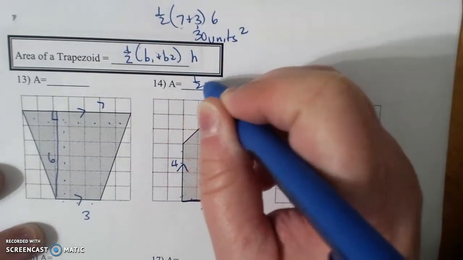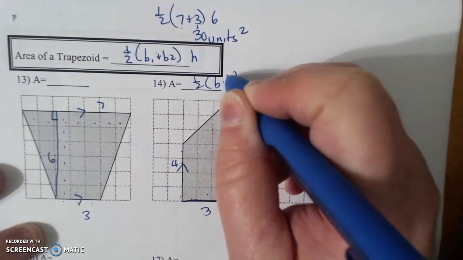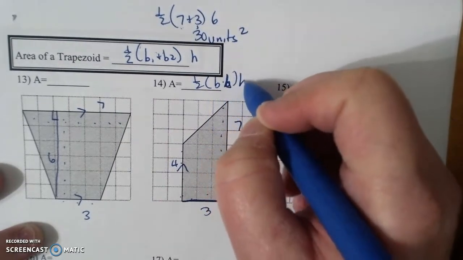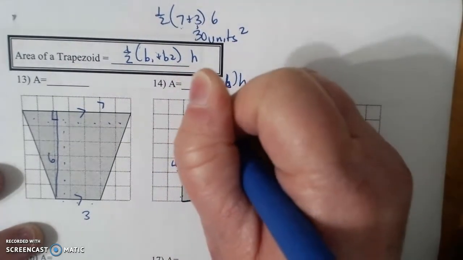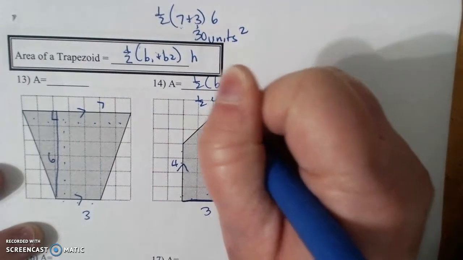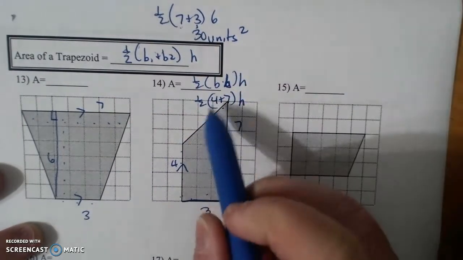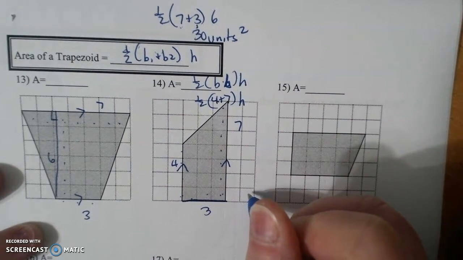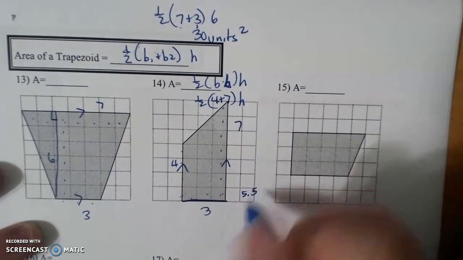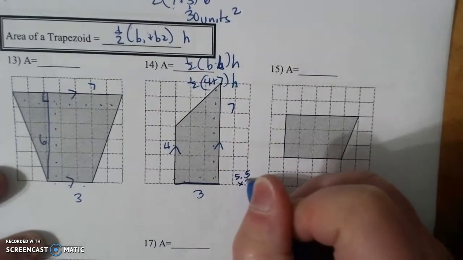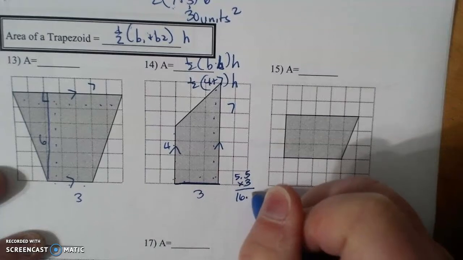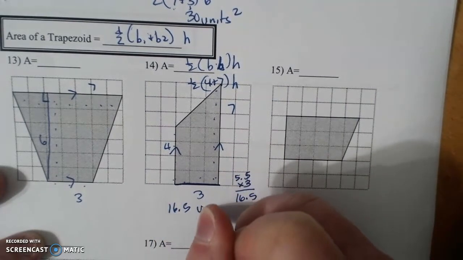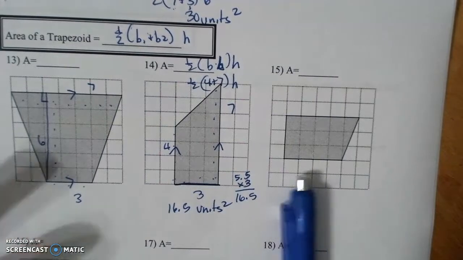So it's half of base 1 and base 2 times the height. Half of 4 and 7 times h, that's 11. Half of 11 is 5.5. 5.5 times 3 is 16.5. So this is 16.5 units squared.